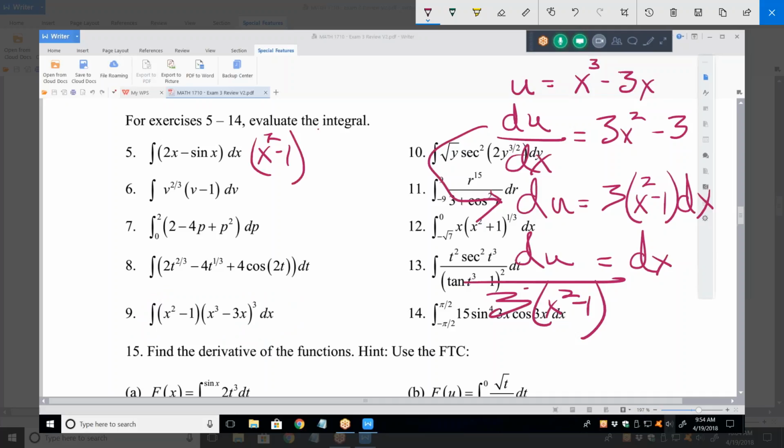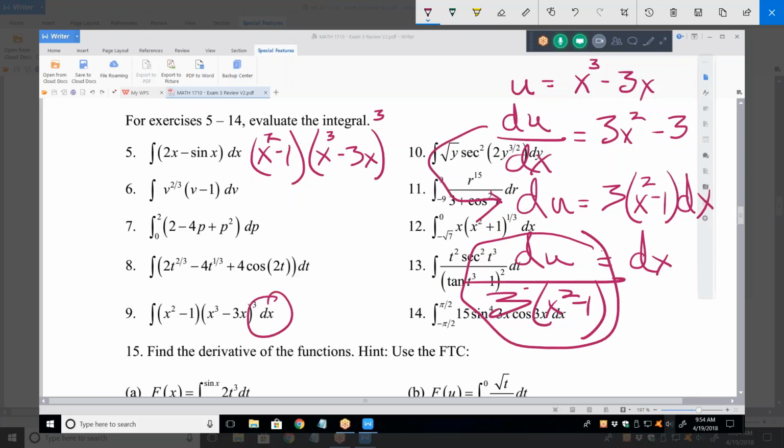But I've still got this. And what is dx? Dx is that, right? So I'm going to substitute for dx. That dx right there, I've got to substitute for it.